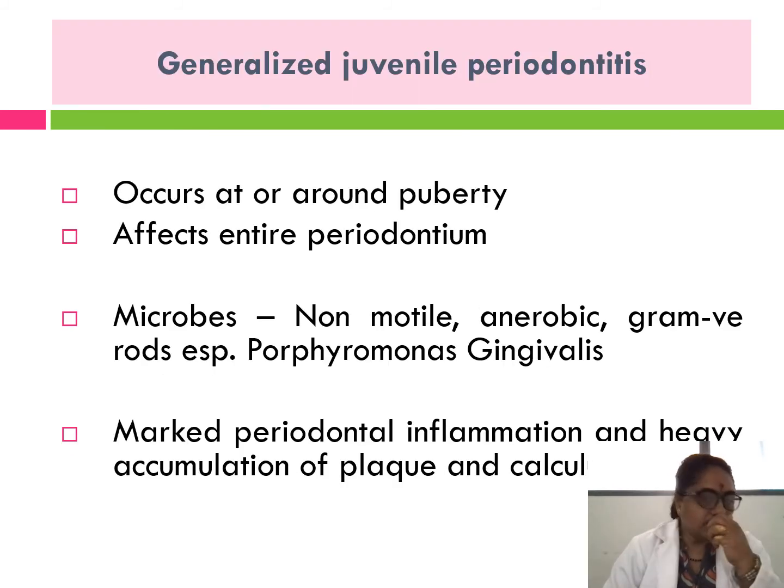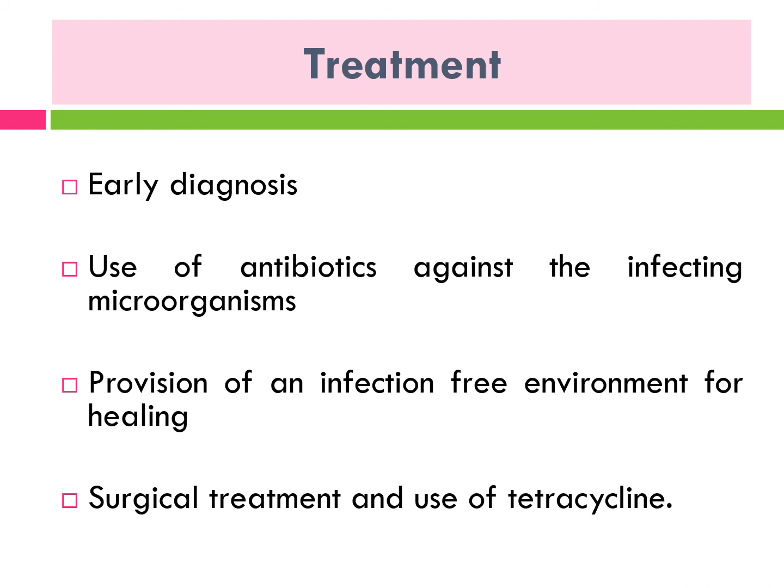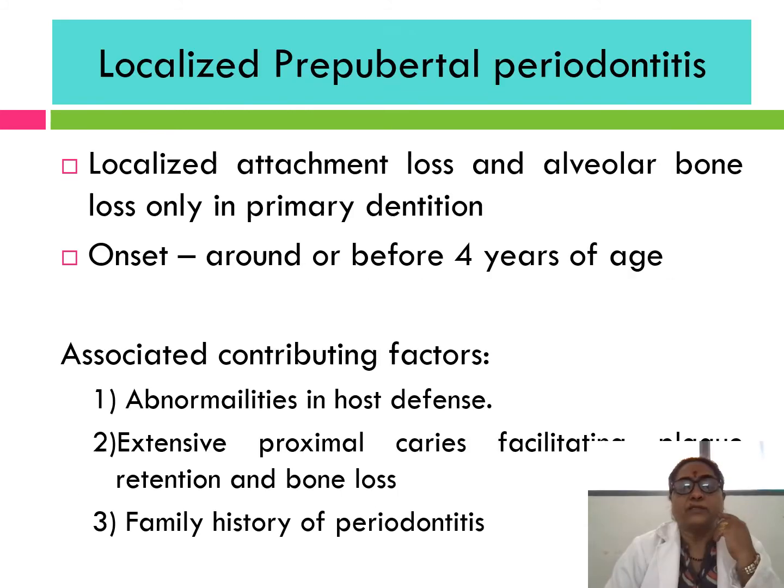Now coming to generalized juvenile periodontitis. It occurs around puberty and affects the entire periodontium, with marked periodontal inflammation and heavy accumulation of plaque.